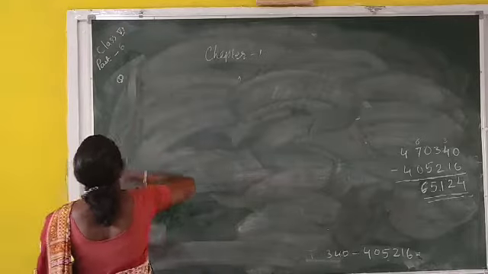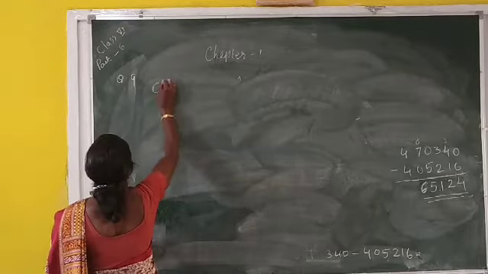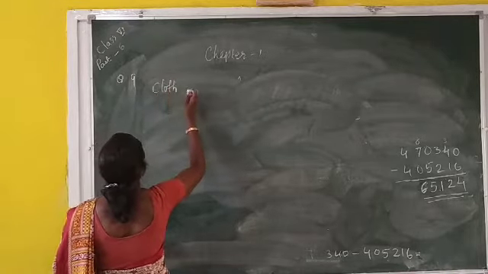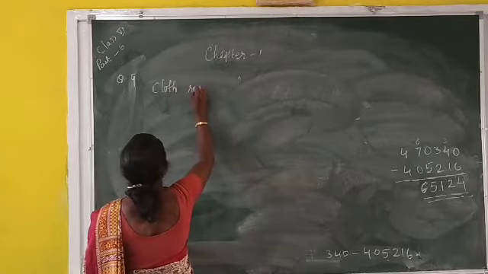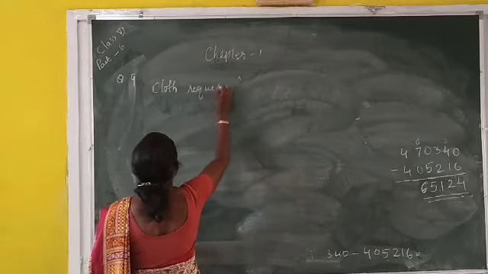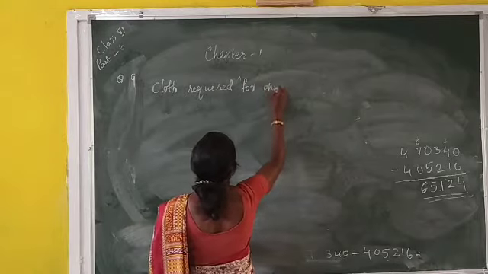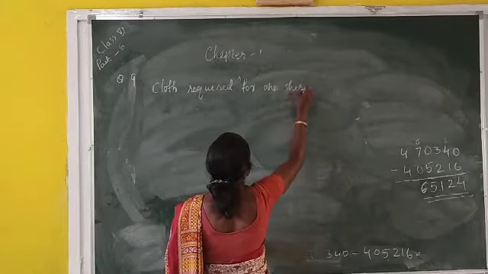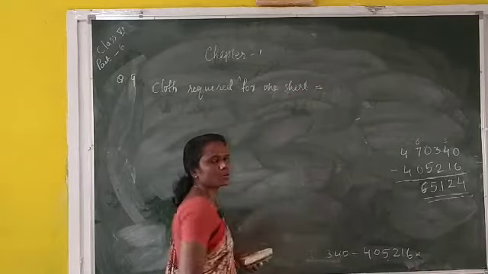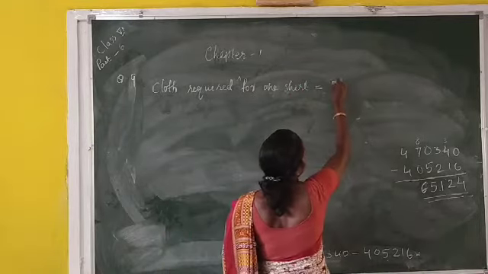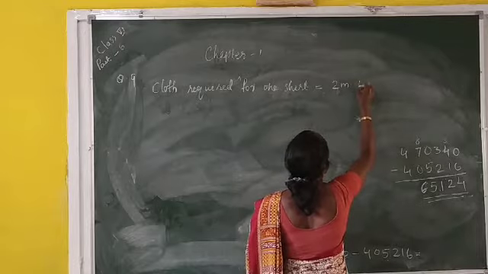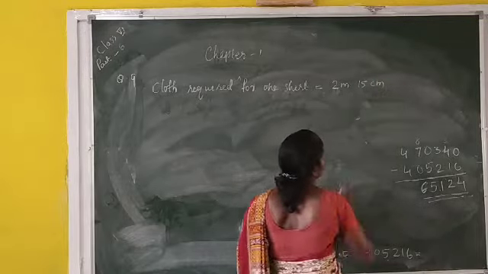Question number 9. Cloth required for one shirt. One shirt, how much cloth is required? 2 meter and 50 centimeter.